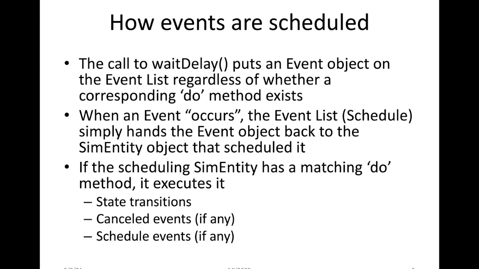Because if you think about how you would write code that would execute these state transitions, from a SimKit perspective, that doesn't exist. Going all the way back to the arrival process, all that stuff in the ArrivalProcess class does not exist in SimKit itself.